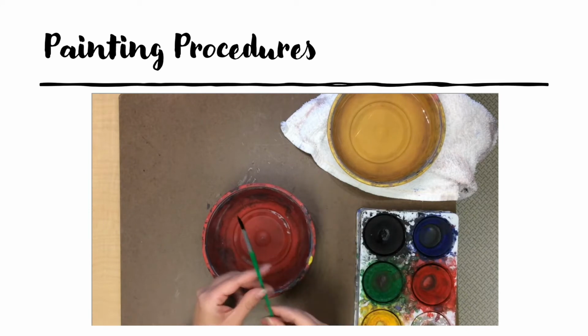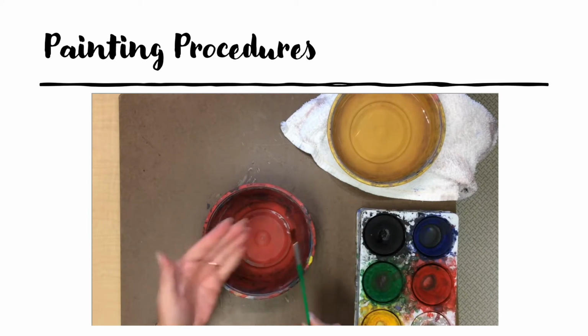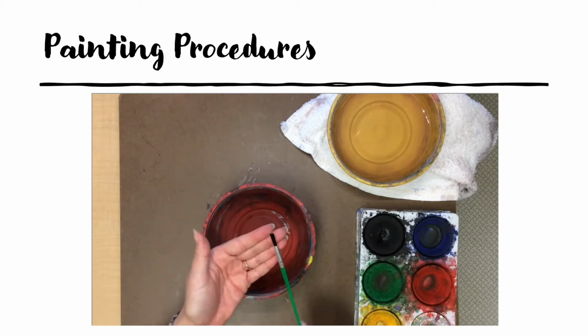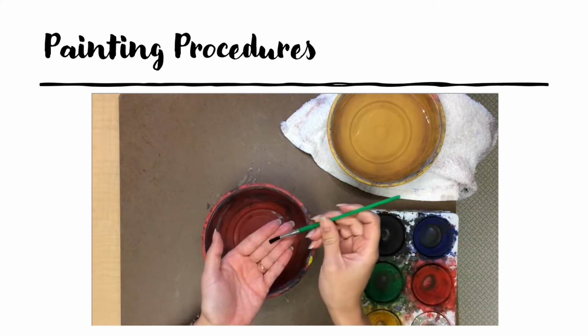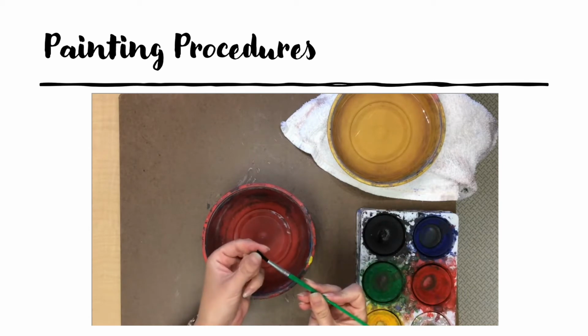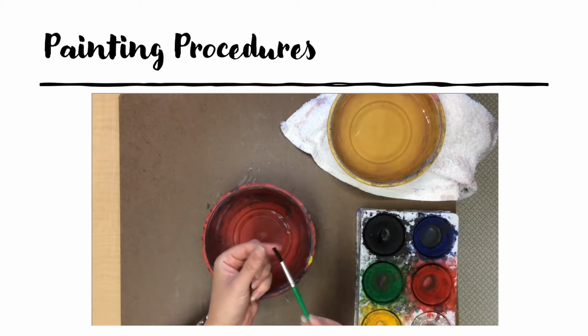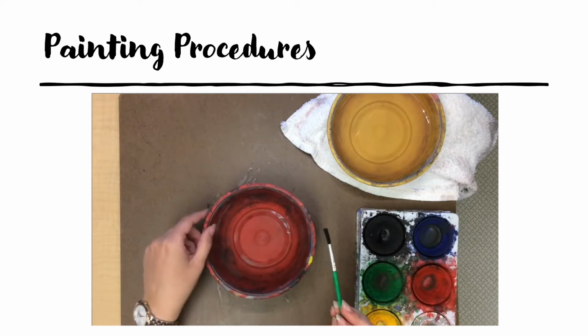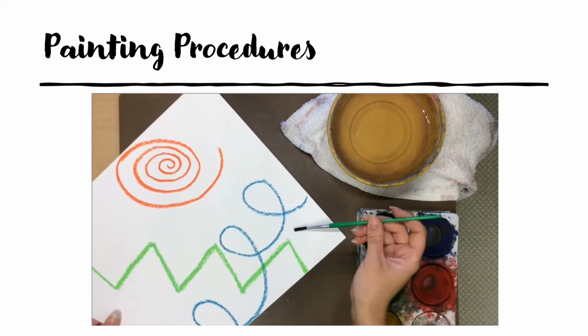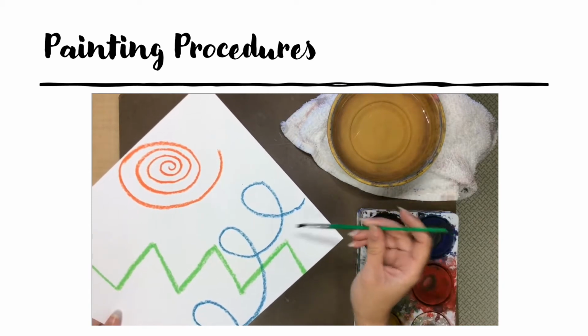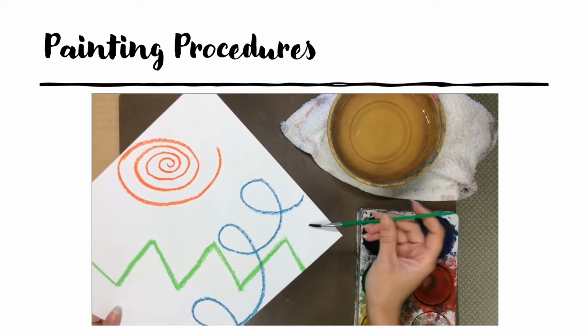The first thing you need to know about painting is you have to be very gentle with your brush. Whenever you paint, you want to make sure that your brush stays nice and pointy like this. We call this having a good hair day. So whenever you paint on your paper, we're going to paint gently so that it stays pointy.